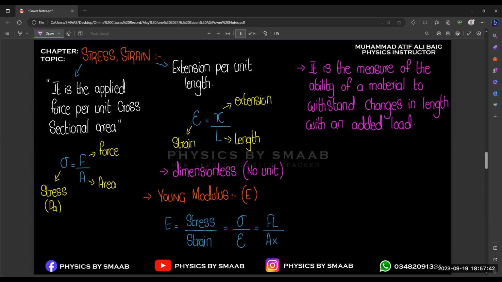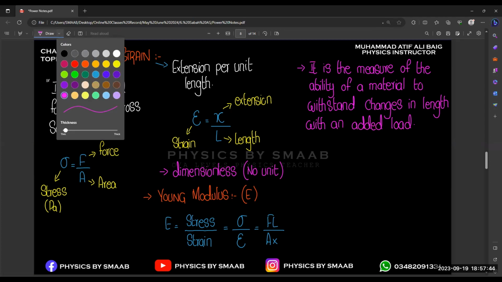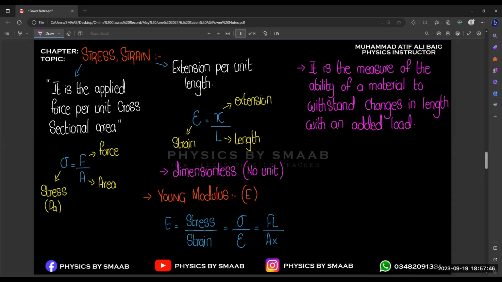Yes. And further, if we want to write points for the Young modulus, it gives you information about the elasticity of a material in simple words.